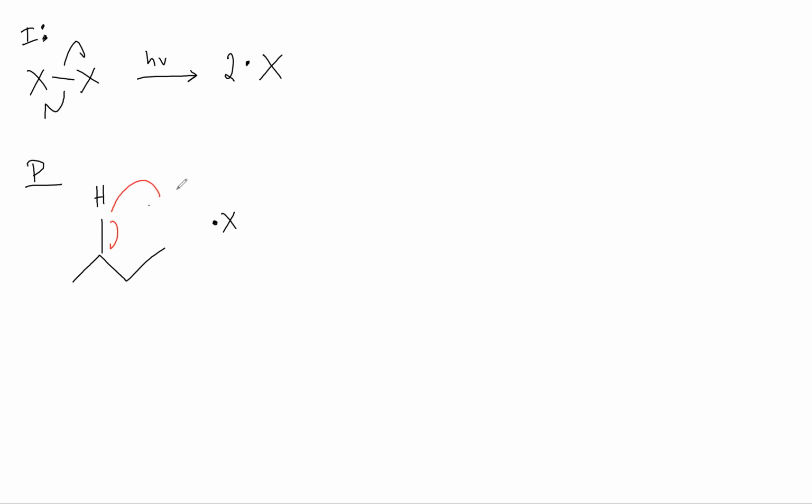There's this one where we create a secondary radical, or we could do a different propagation step where we create a primary radical. Sorry, drawing takes a little bit of time.